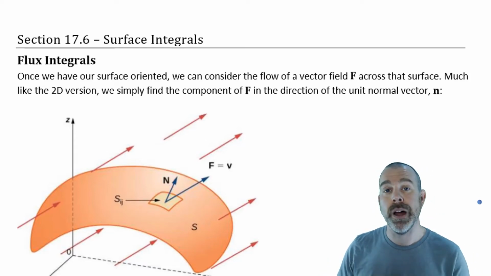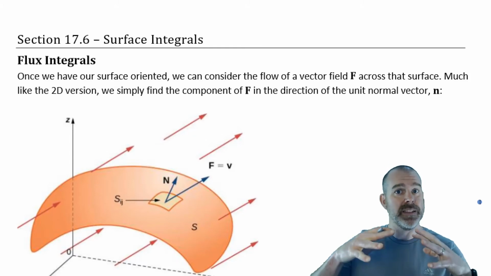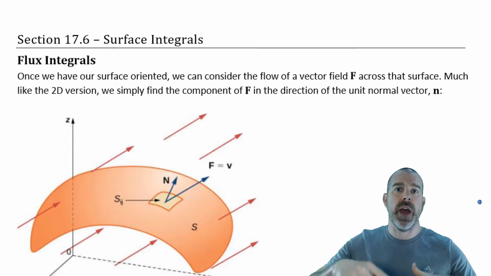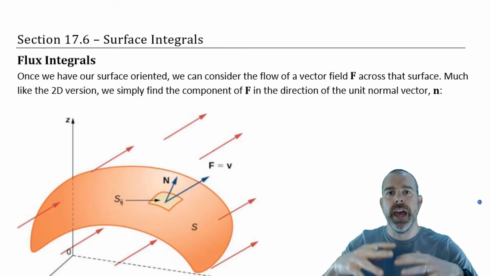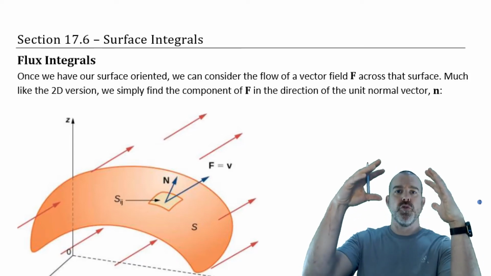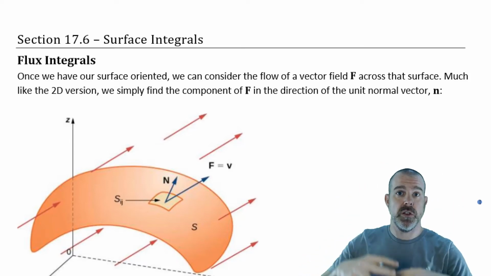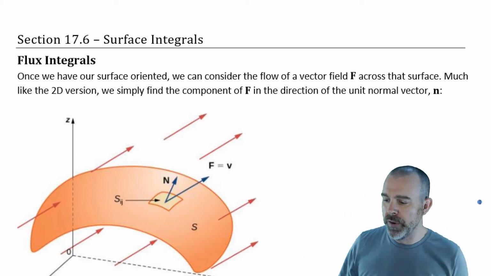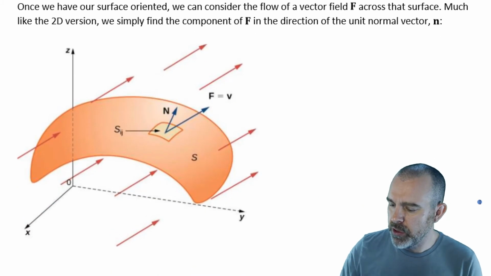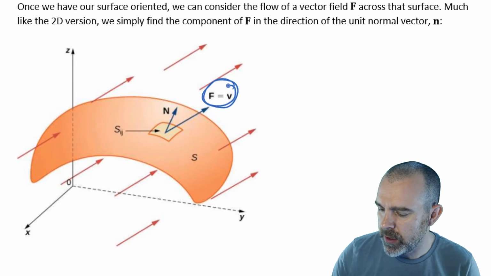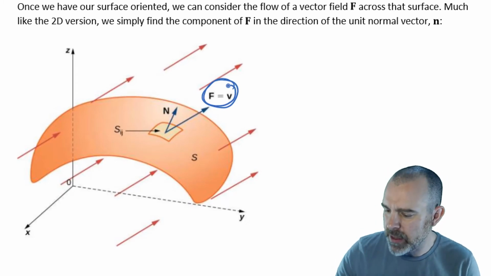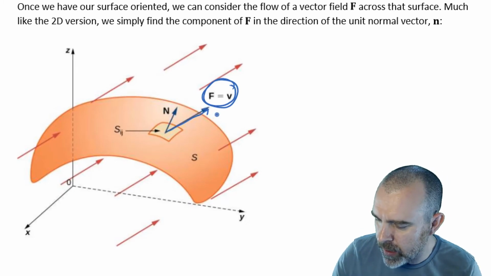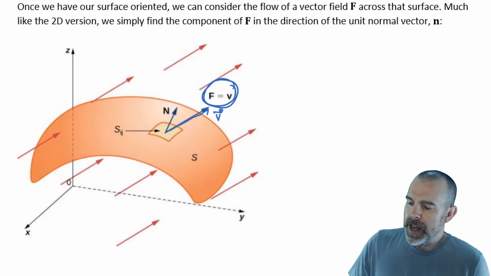Okay, so how does this wrap into a surface integral? The most common one is a flux integral. Basically, you have a surface and you have some fluid or some field, and how much of the field is flowing across the surface. So it's a flux integral over that surface. So suppose you have some vector field, and we have just this single component here, this v vector.